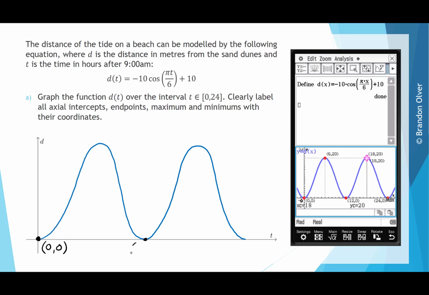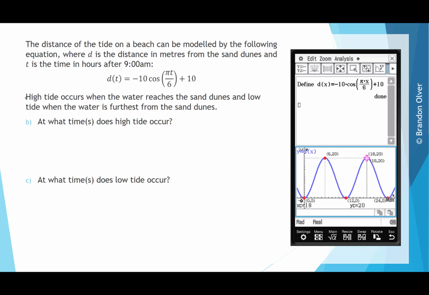This point here was at (12, 0), and the end point was at (24, 0). These were also the minimums of our graph, and our maximums occurred halfway between those at (6, 20) and at (18, 20).